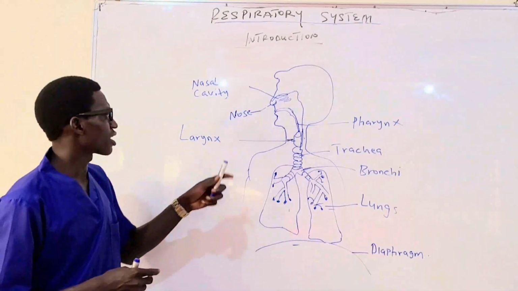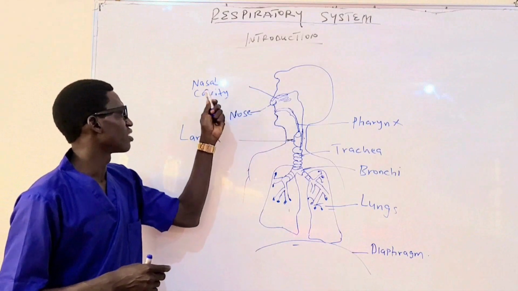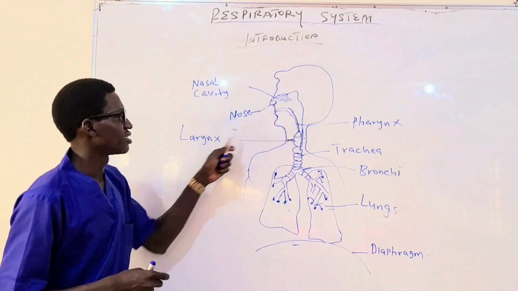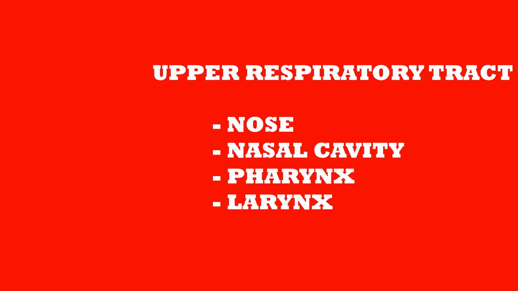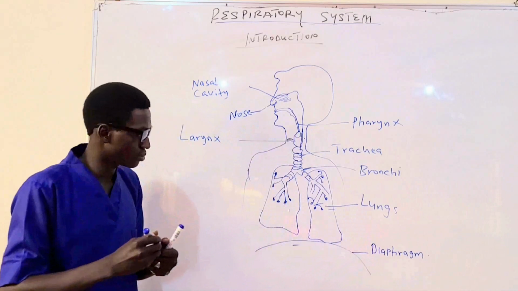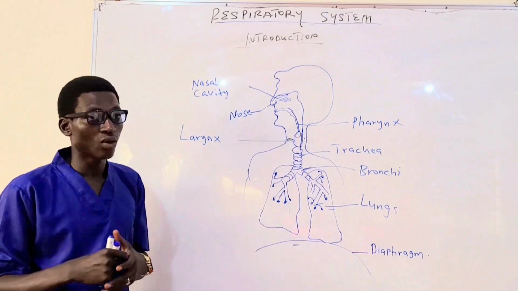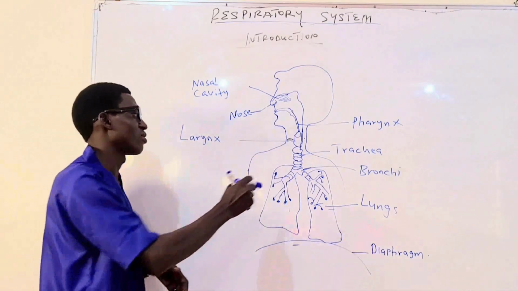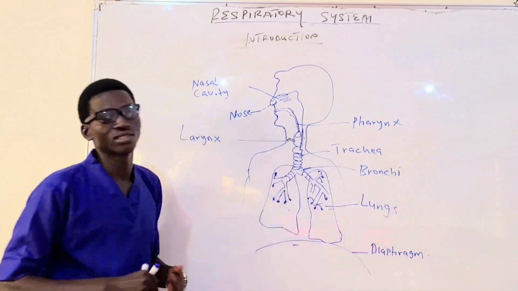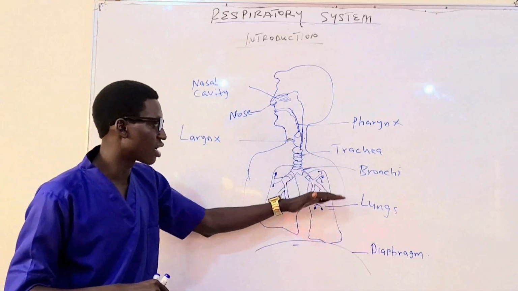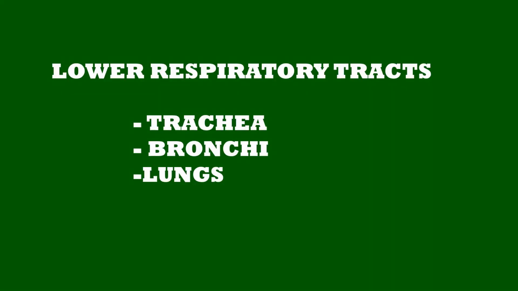The upper respiratory tract begins from the nose, the nasal cavity, the pharynx, the larynx. The upper respiratory tract stops at the level of the larynx. Meanwhile, the lower respiratory tract begins from the trachea, bronchi, and lungs. These are the lower respiratory tract.